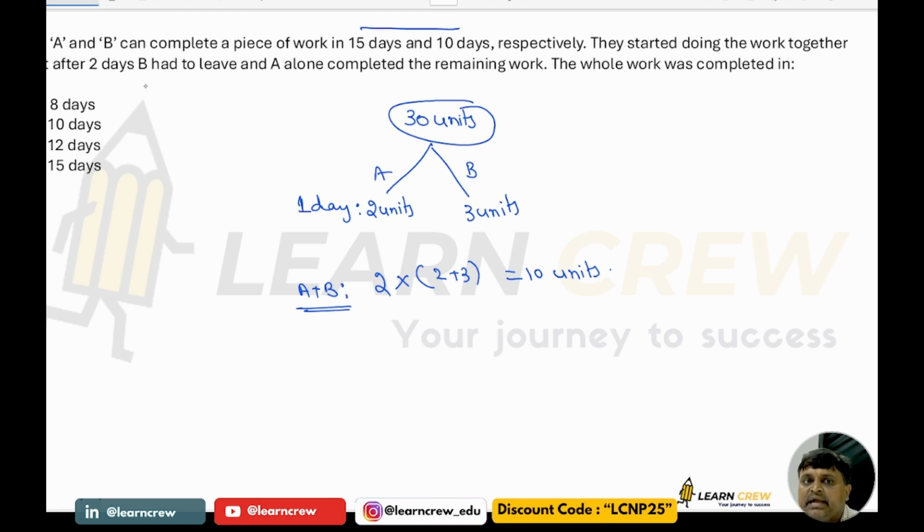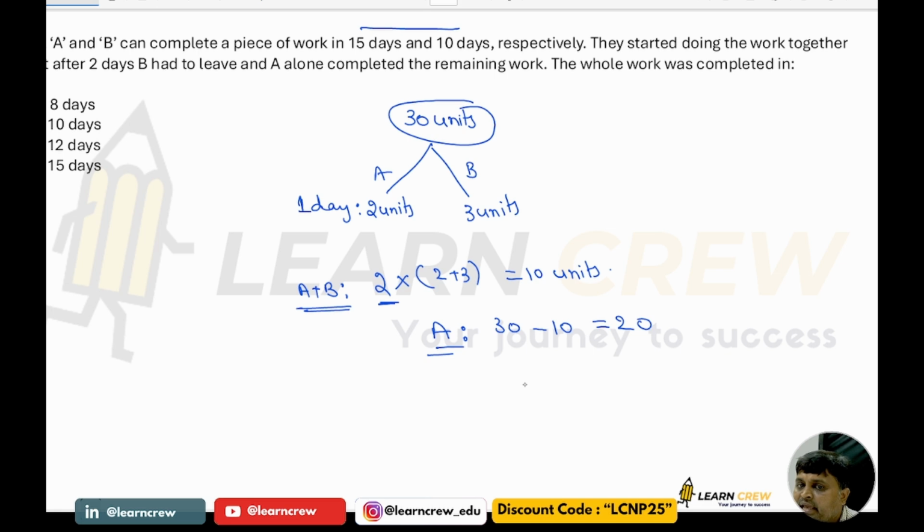And after that, B had to leave. Out of 30 units, now 10 units is completed. Now the remaining work is 20. As B is leaving after 2 days, now the remaining work is to be done by A only.